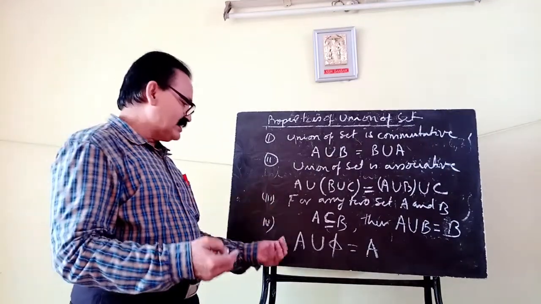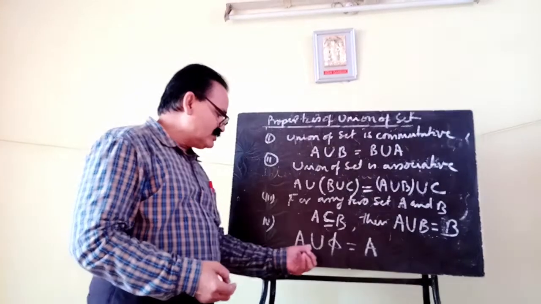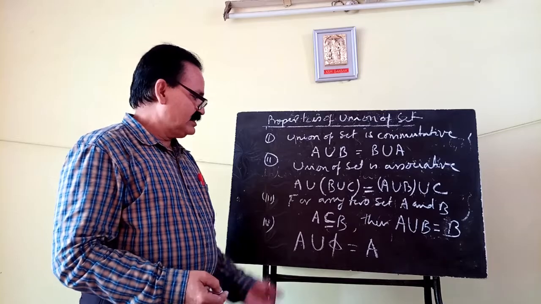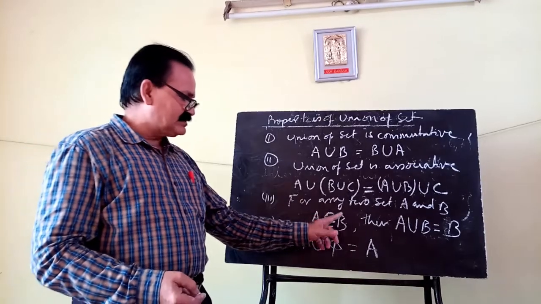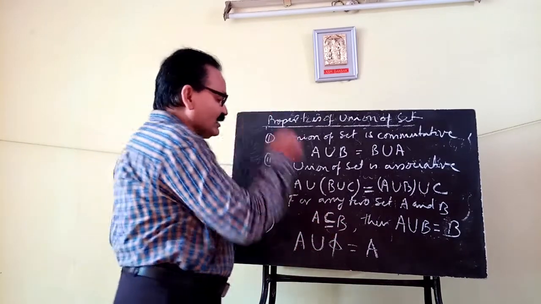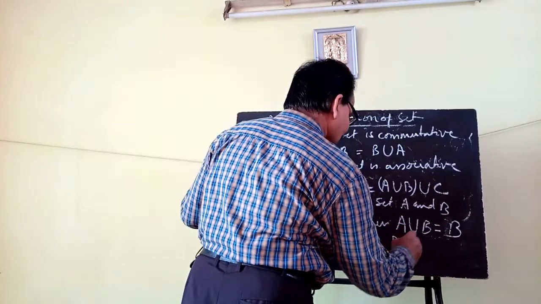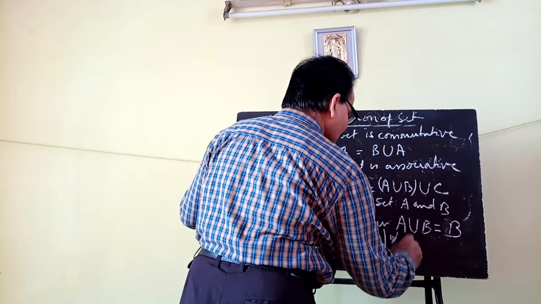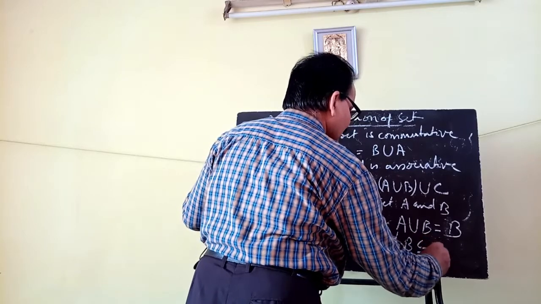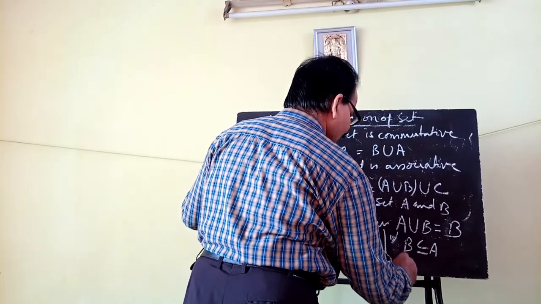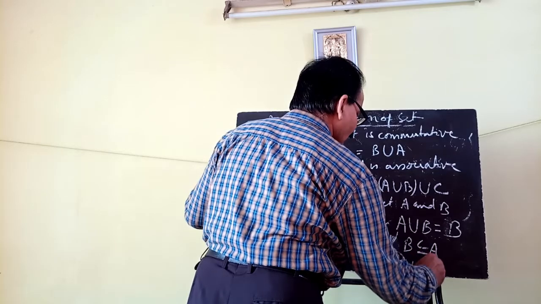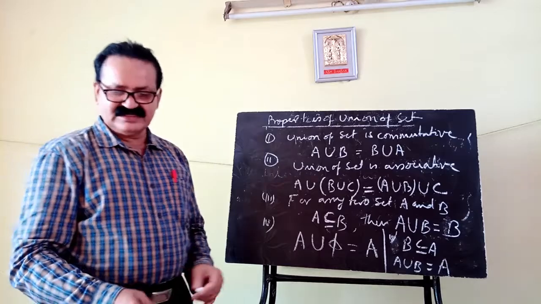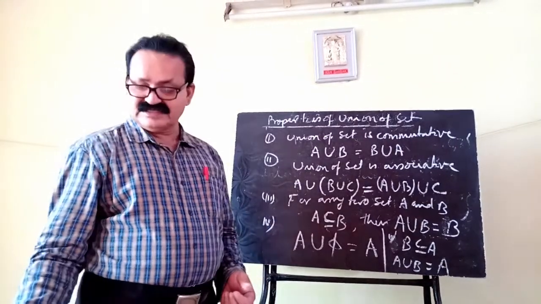Similarly, for any other set B, B union phi, I mean the null set, will also be the set B. If B is a subset of A, then A union B is also A. Okay, clear?